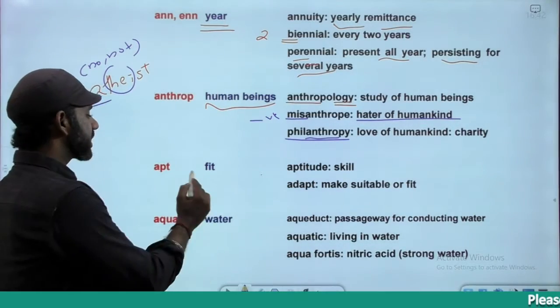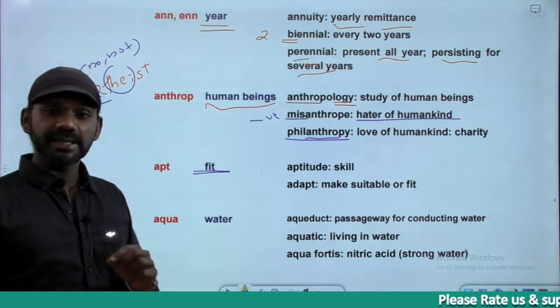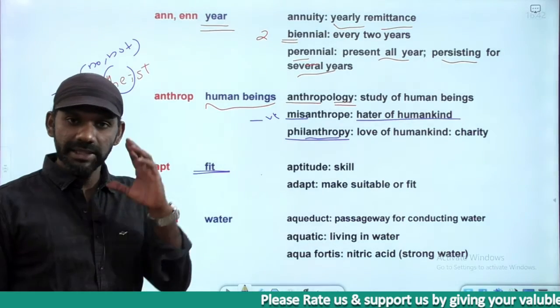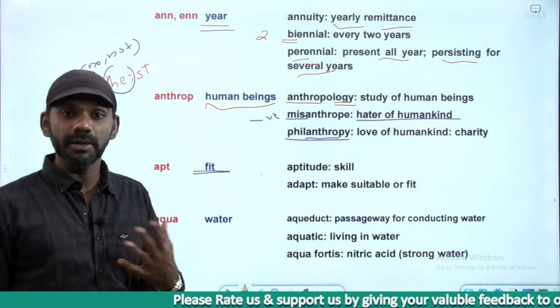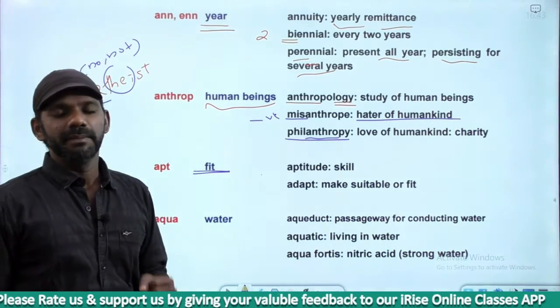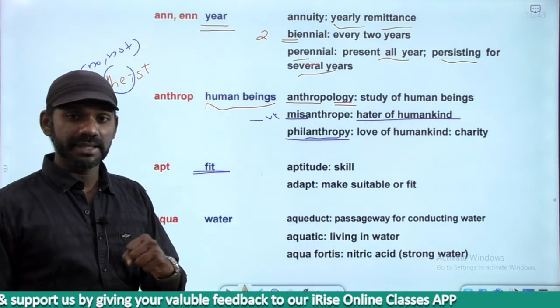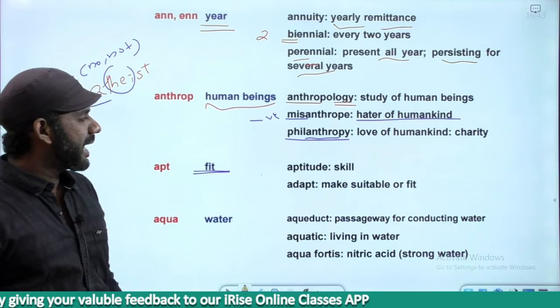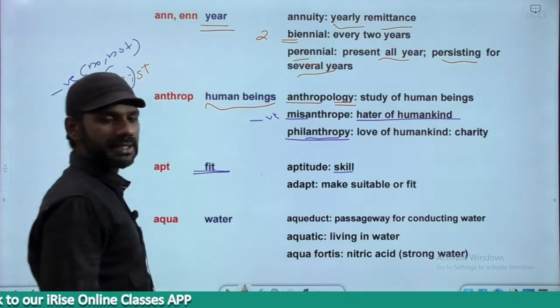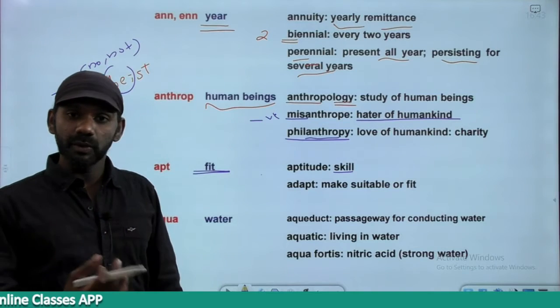APT means fit. It means the exact one. It's an apt one. It's the best one. Aptitude, being knowledgeable. Being fit is called being knowledgeable. We are fit when we are physically, it is different. Being fit means being knowledgeable, possessing aptitude, knowledge. Aptitude is skill, right? Skill means the art, talent, knowledge, etc. Aptitude does not mean only mathematics, right?